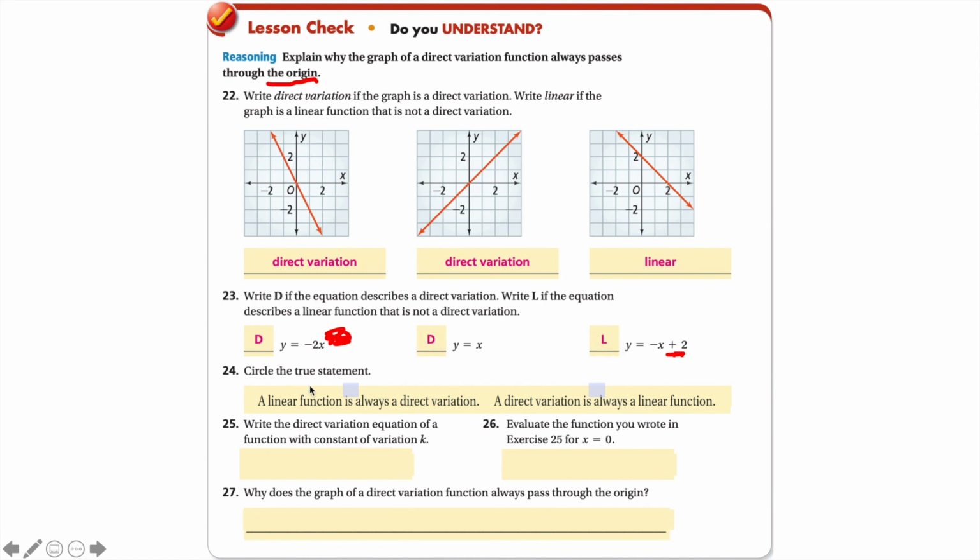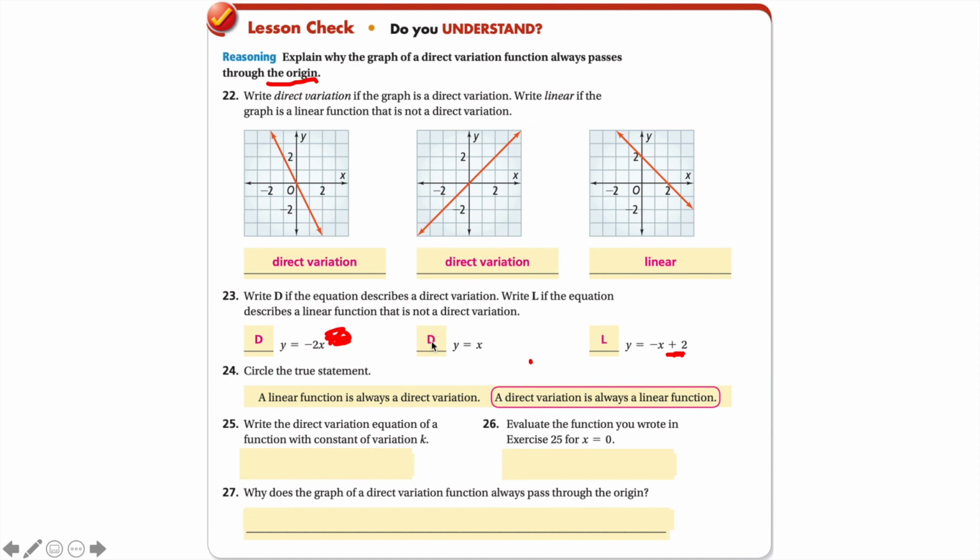Now we must circle the true statement. A linear function is always a direct variation. Or, a direct variation is always a linear function. Well, if this first part was true, we wouldn't have to figure out the difference between the direct variation or the linear functions. So, for this answer, the true statement is going to be that a direct variation is always a linear function.